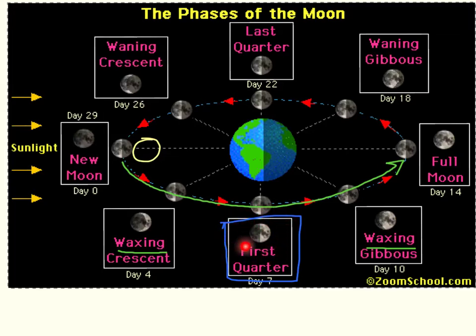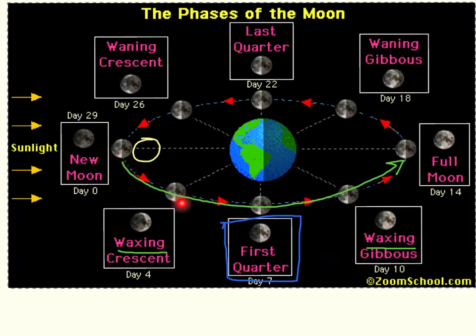What we see is half of the moon lit up. Half moon, however, is not the actual name for this phase. The actual name for this phase is first quarter moon, and this happens halfway in between the new moon and the full moon.